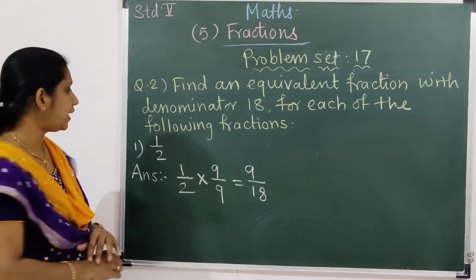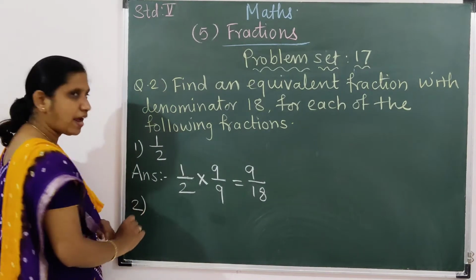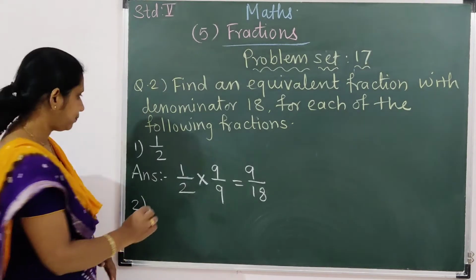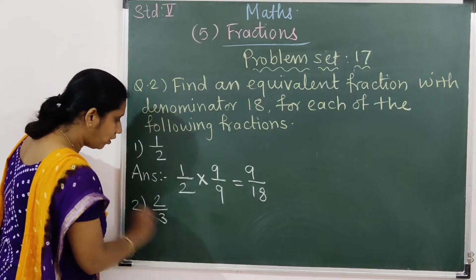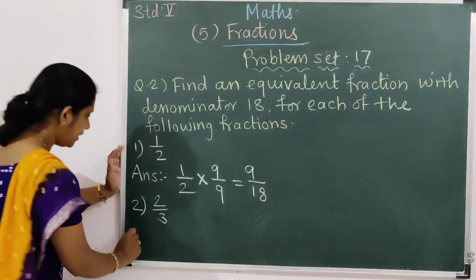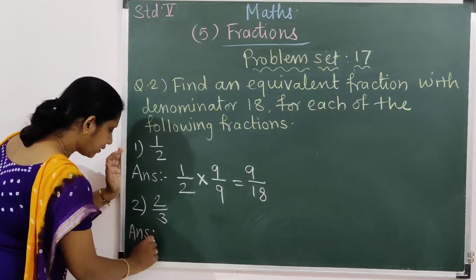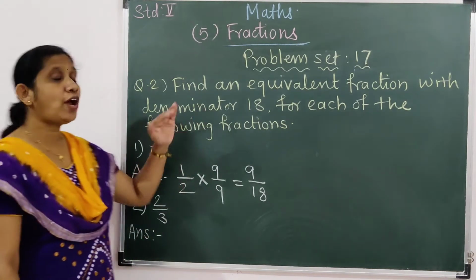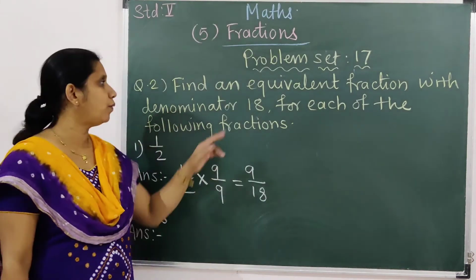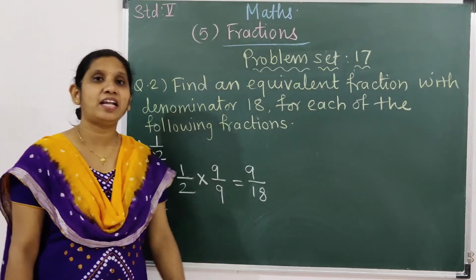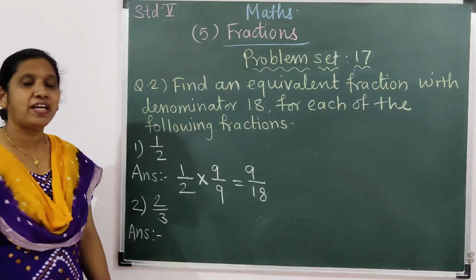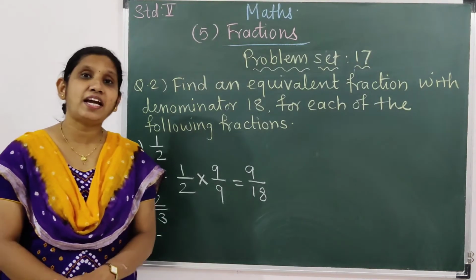Now let us see the second fraction. Second fraction is given 2 upon 3. Let's write its answer. Again students, we have to focus only on the denominator. We want denominator 18. Here what is the denominator? 3. 3 how many is 18?